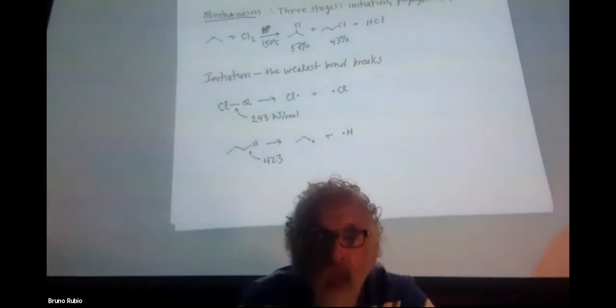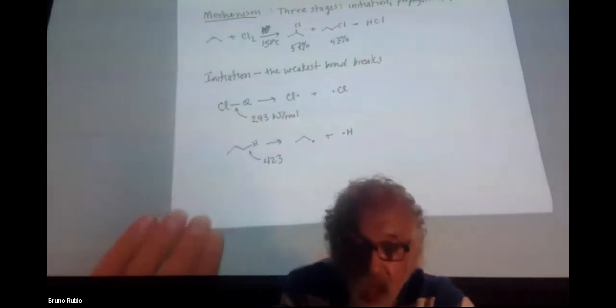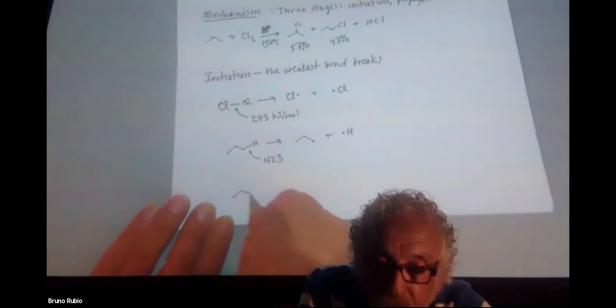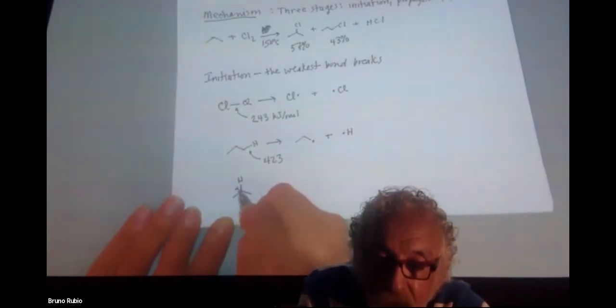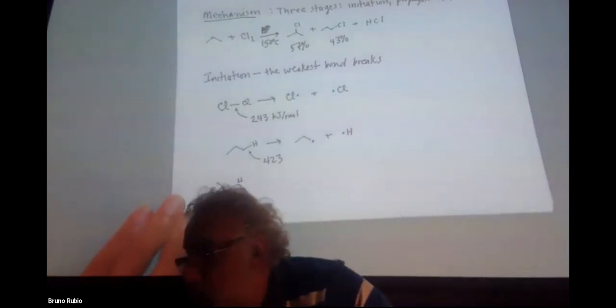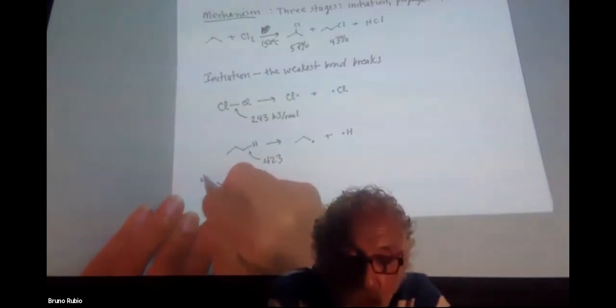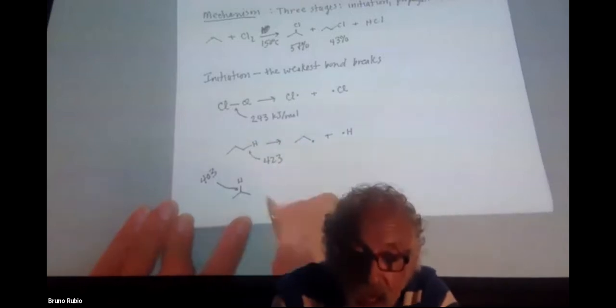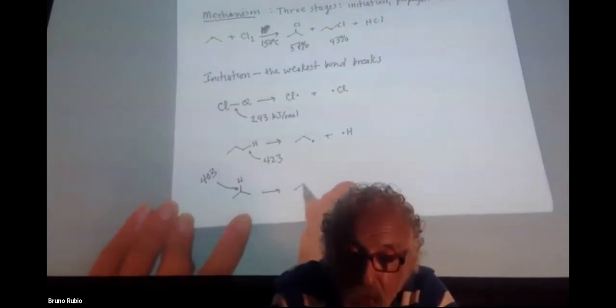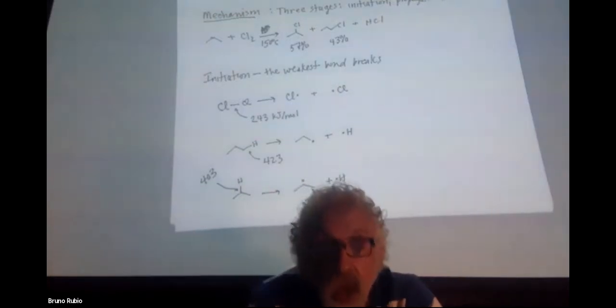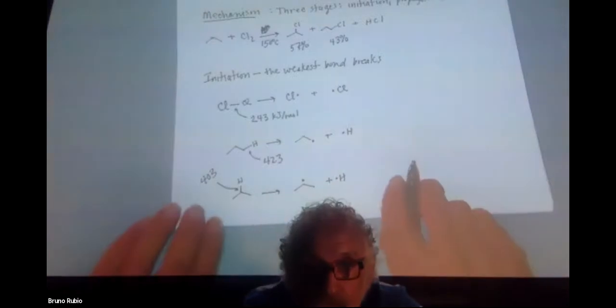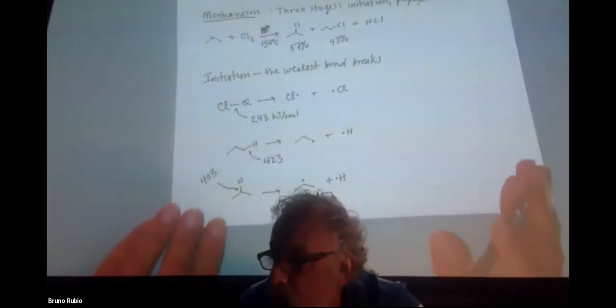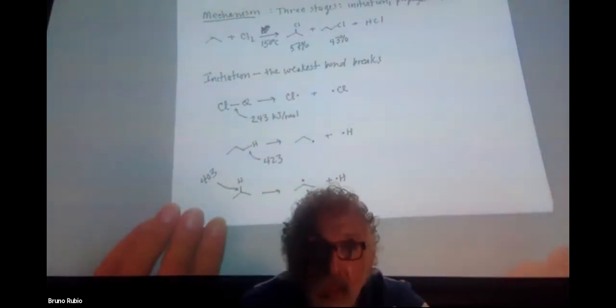It's not going to be the one that breaks first. Another bond we could consider is this carbon-hydrogen bond here. I looked up its bond energy, and it is 403 kilojoules per mole, a much stronger bond than the chlorine-chlorine bond. There are other possibilities, but we'll leave it there. So in initiation, the weakest bond breaks. Makes sense.